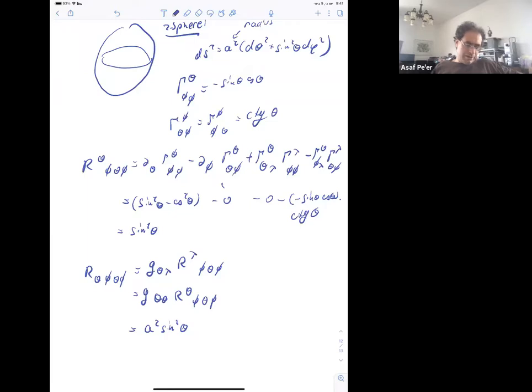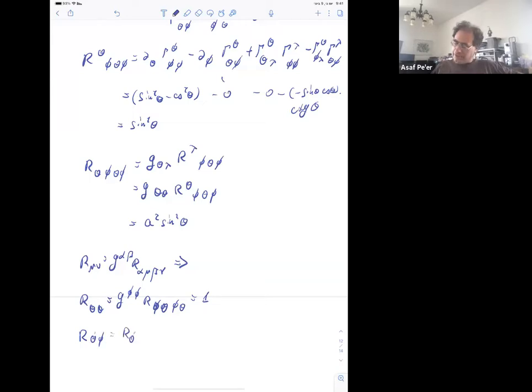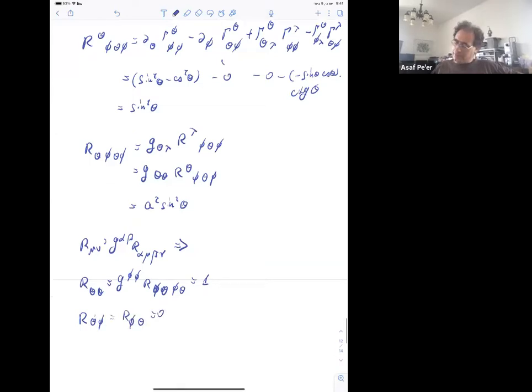Now the Ricci tensor, right? R mu nu is just g alpha beta R alpha mu beta nu. So R theta theta is just g phi phi R phi theta phi theta, which is just going to be 1. R theta phi is R phi theta is just 0.